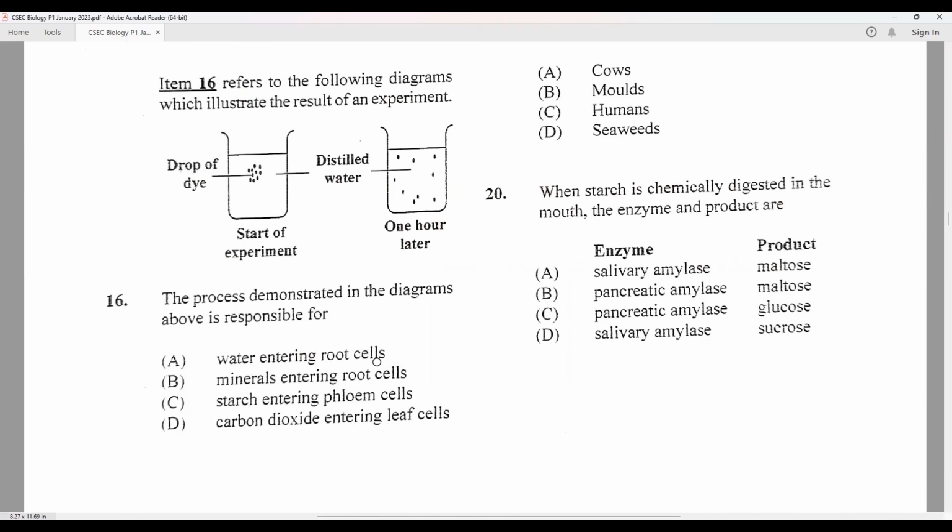Water entering root cells? No, that's osmosis. Minerals entering root cells? No, that's active transport. Starch entering phloem cells? No. Carbon dioxide entering leaf cells. So that is the best answer.